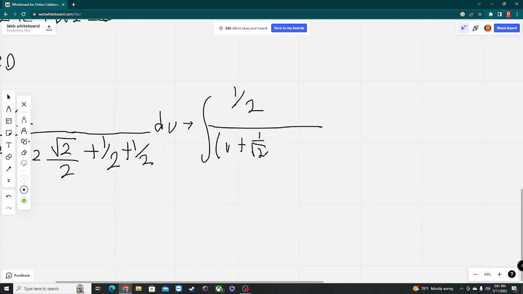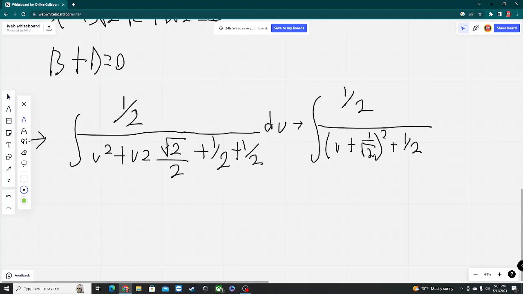This is also just power rule properties, because we're going to put this whole thing in terms of squared plus our 1/2. Because if you guys see we have square root 2 over 2, we can just make that 1 over square root 2 squared.